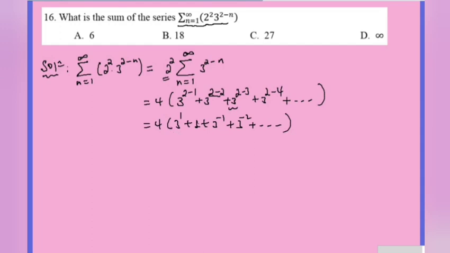The ratio between the second and the first is 1 over 3. Between the third and the second is 1 over 3, and so on. Therefore, this can be written as 4 times the first term over 1 minus the common ratio.